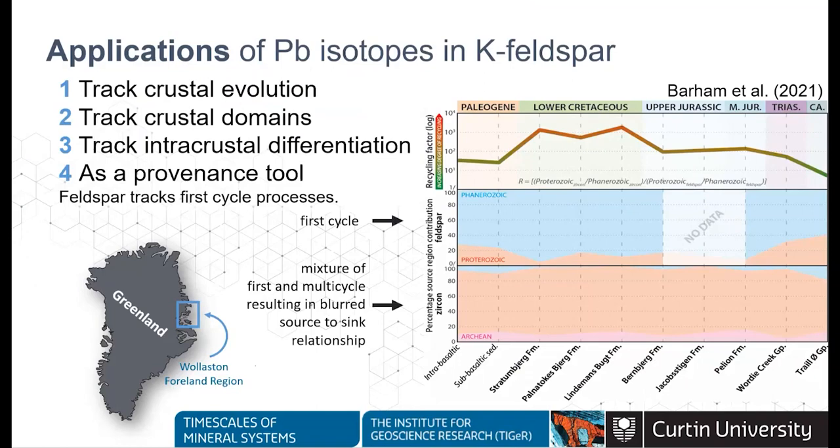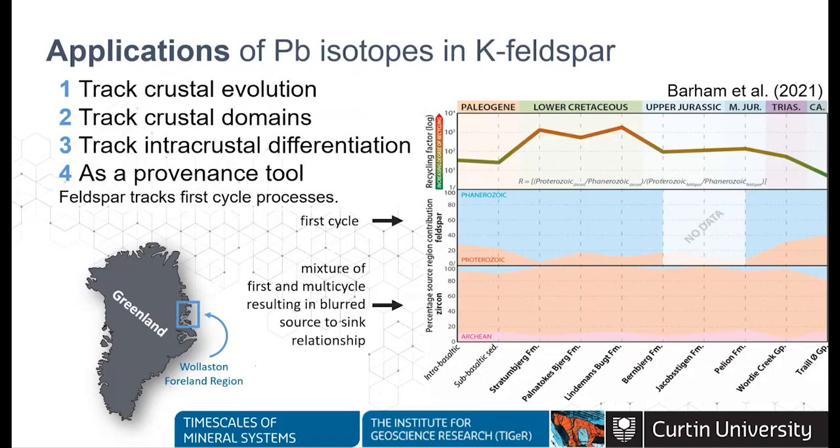What we see in this figure are the age proportions of detrital K-feldspar and detrital zircon within the same sedimentary formations. We have in blue Phanerozoic ages, orange Proterozoic, and in pink Archean. As you can see, the proportions between detrital feldspar and detrital zircon vary quite dramatically, which is related to K-feldspar being a lot less refractory than zircon.